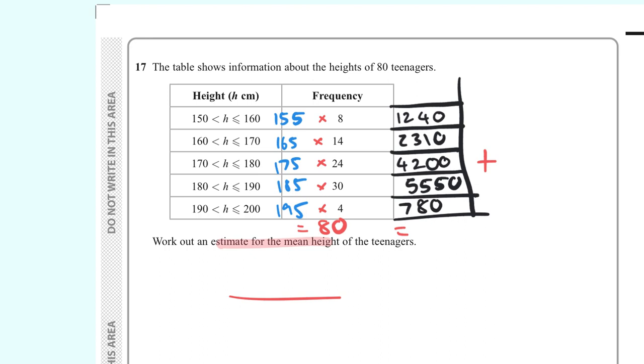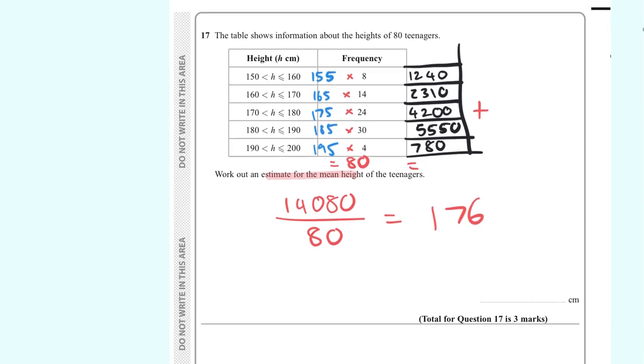So if we add up all of those, 12440 plus 2310 plus 4200 plus 5550 plus 780, we get 14080, and we're going to divide that by 80 to give us 176 centimetres.